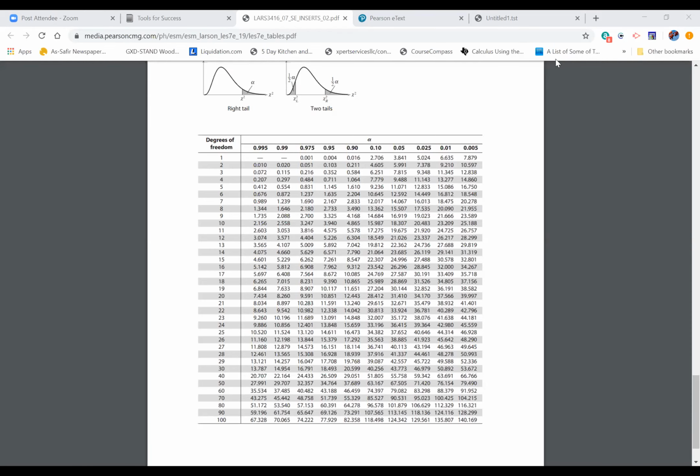So I'm right here, guys. This is 4, and this is 0.01. The critical value is 13.277. That's what it is right here, 13.277. Degrees of freedom is number of categories minus 1.